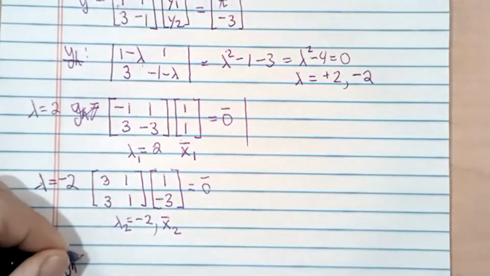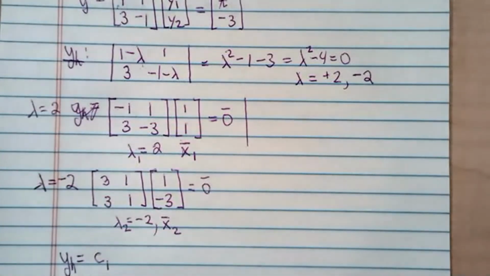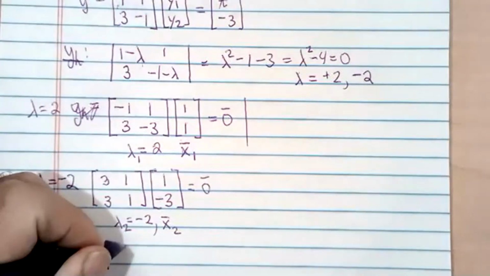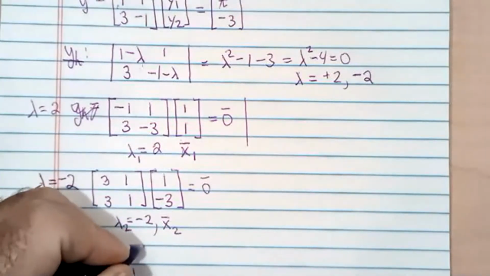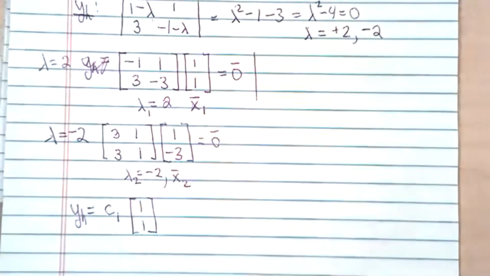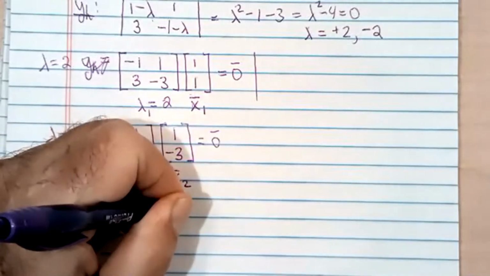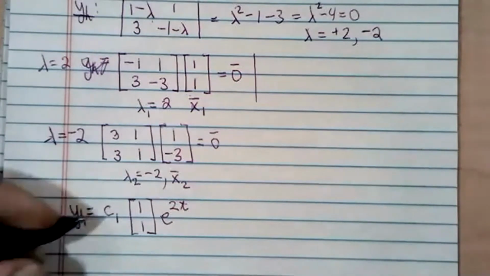y_H is equal to any constant, and that's a scalar constant, times the first eigenvector, 1, 1, and then e to the 2t, where 2 is that eigenvalue.